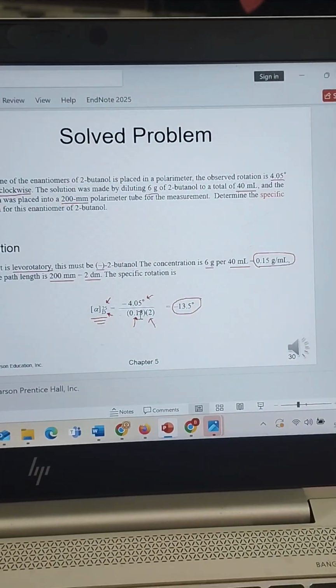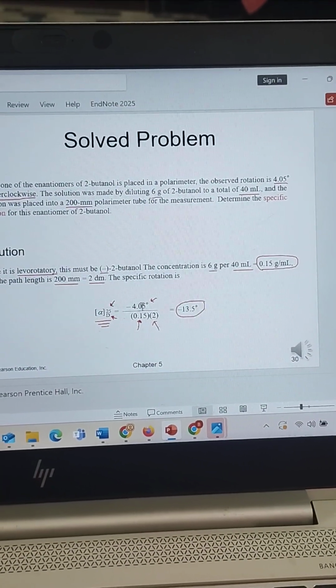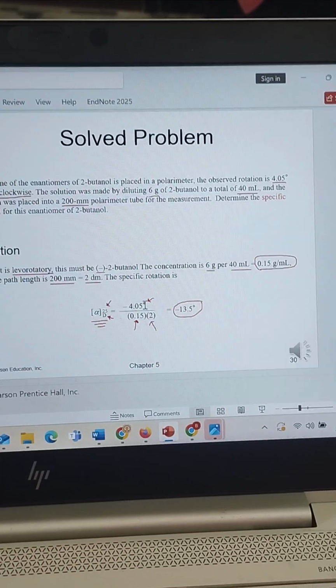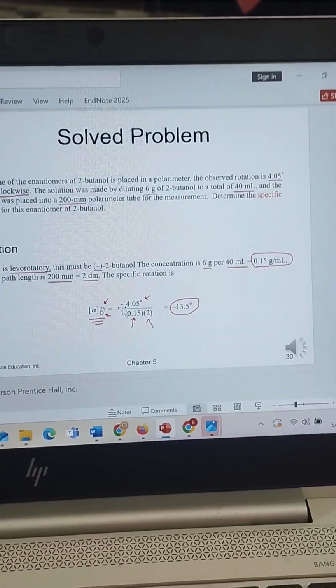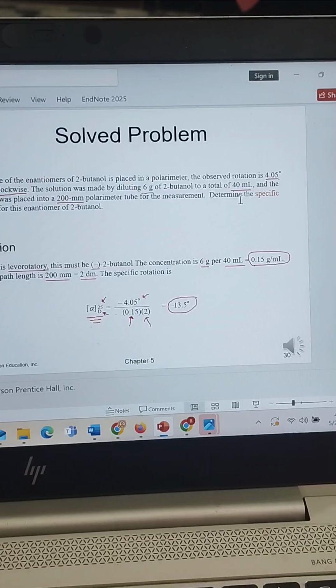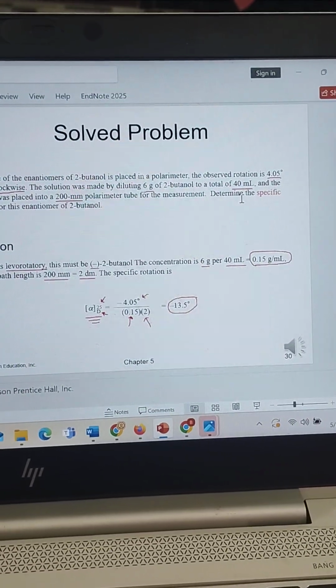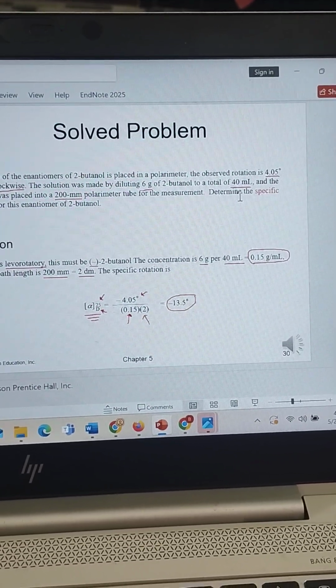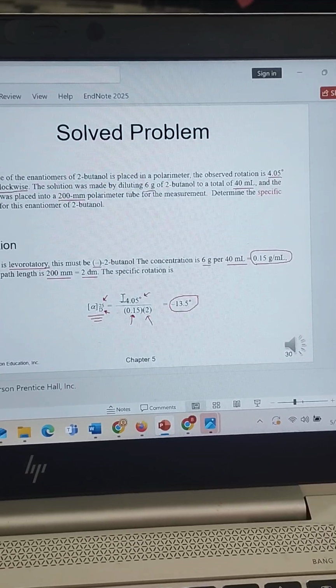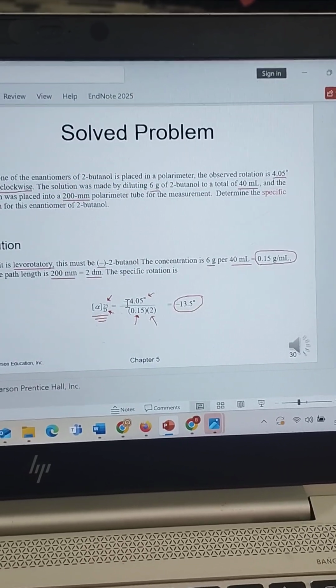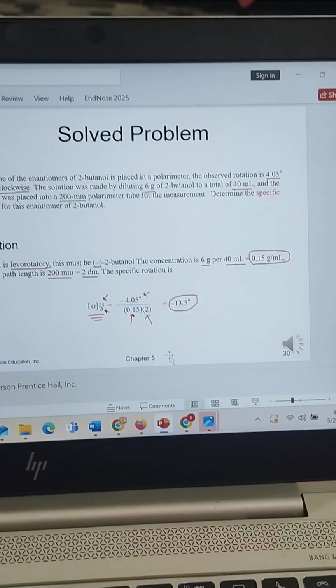Levorotatory has a negative sign, because it rotates the plane polarized light towards the anti-clockwise direction, so there would be the minus sign. If it rotated the plane polarized light towards the clockwise direction, then we would not put the minus sign, we would put the positive sign.